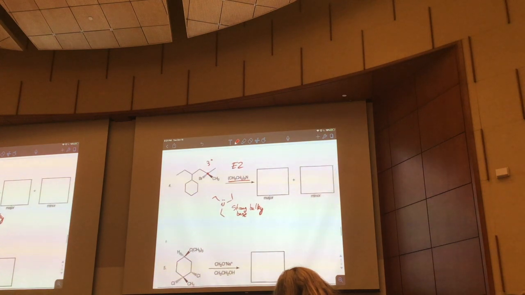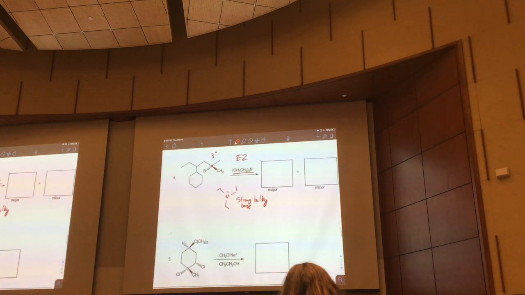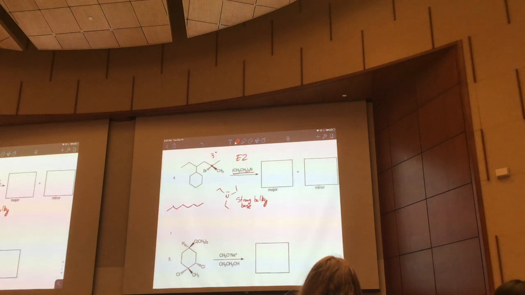So remember what I said about bulkiness and the most substituted alkene and the least substituted alkene and all that. Let's look at our possible options here. Is that too many carbons? 1, 2, 6, yeah, it's too many.